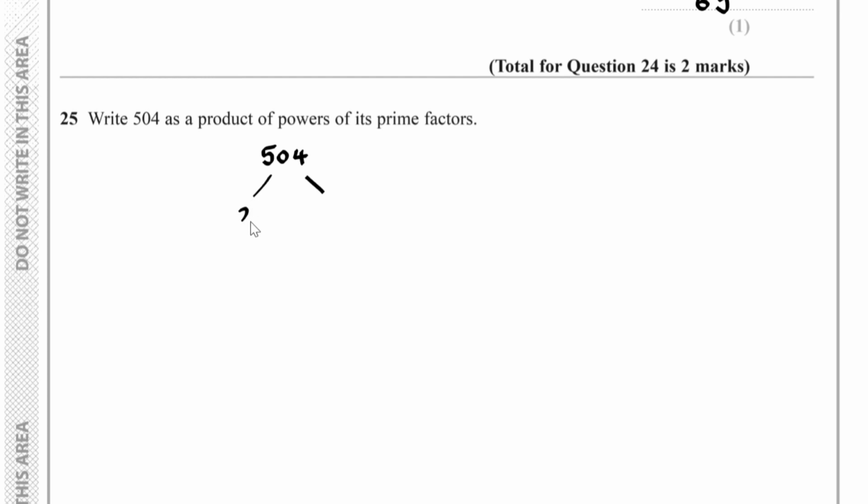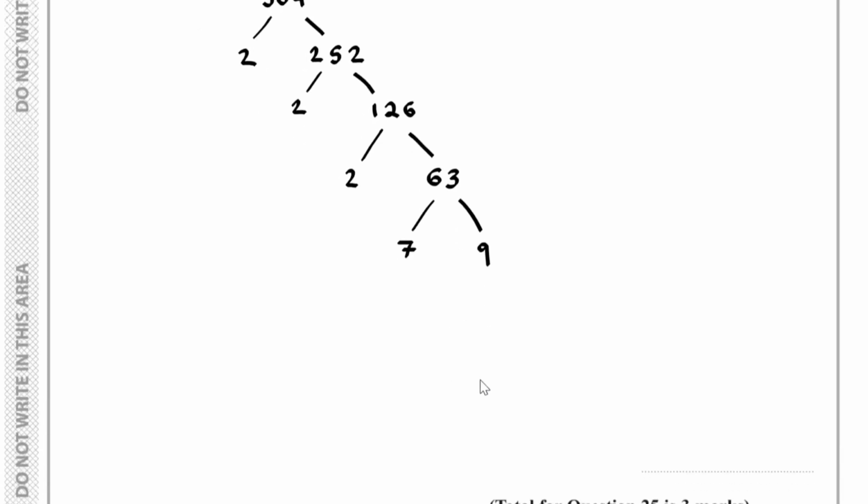We've got 2 and 252. 2 is a prime number, 252 isn't, so we can split up the 252 as 2 times by 126. 126 we can rewrite as 2 times by 63. 63 we can rewrite as 7 times by 9. Now 7's a prime number but 9 isn't, so the 9 we can rewrite as 3 times by 3.